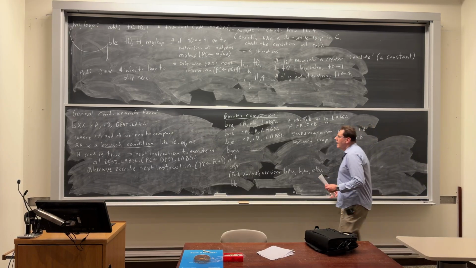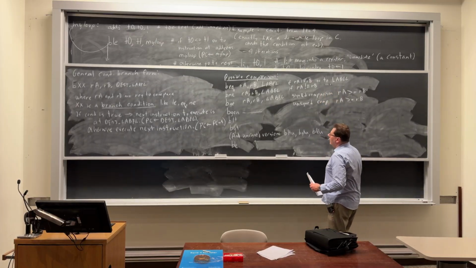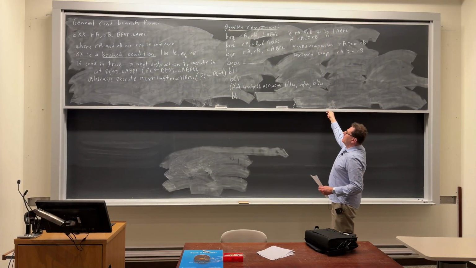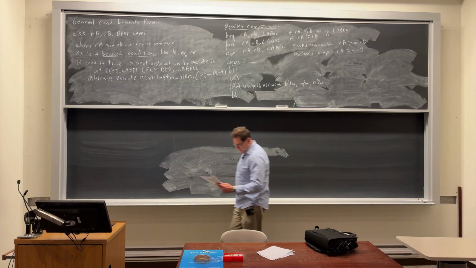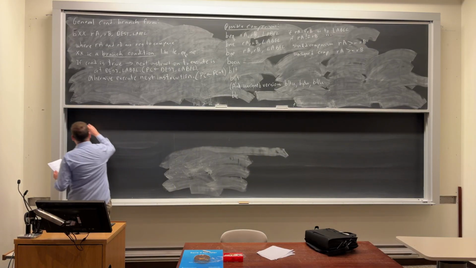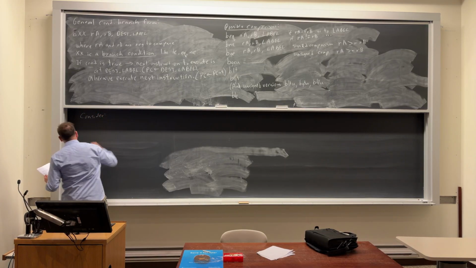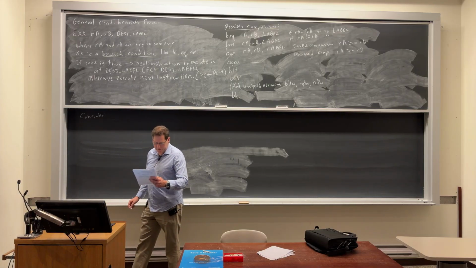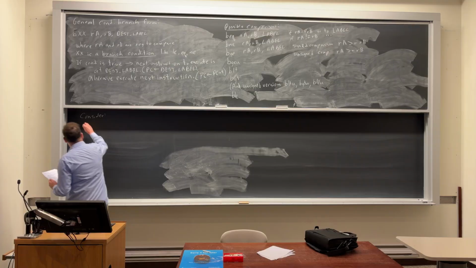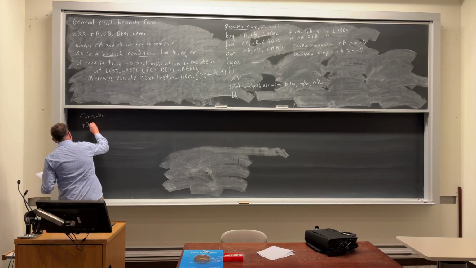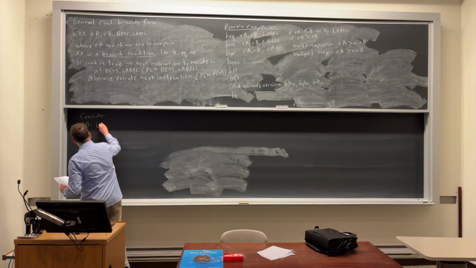Okay, so let's look at why we have this unsigned and signed version. We do have an example. Let's say I've got two registers, T0 and T1. T0 has a 32-bit value in it, and here's the 32-bit value.